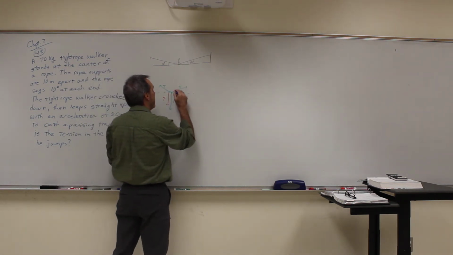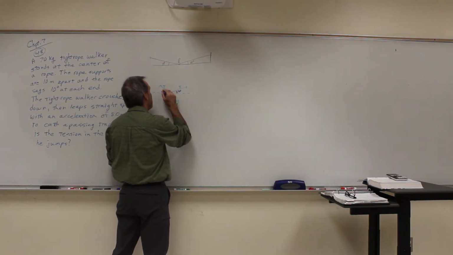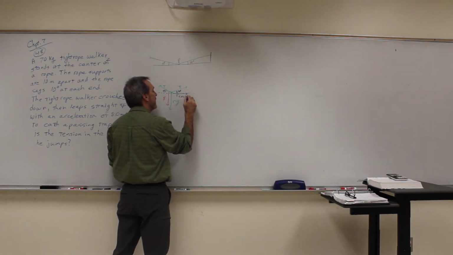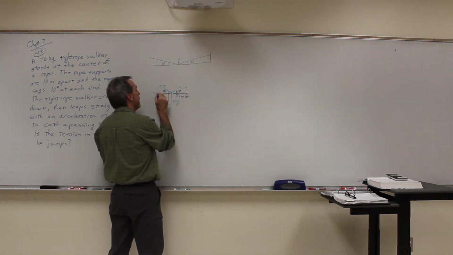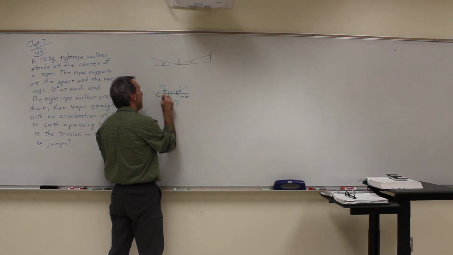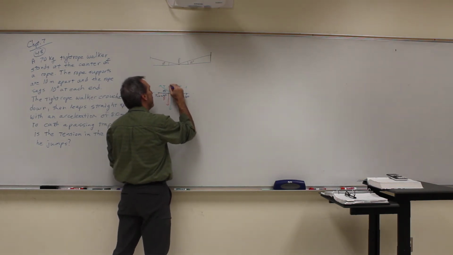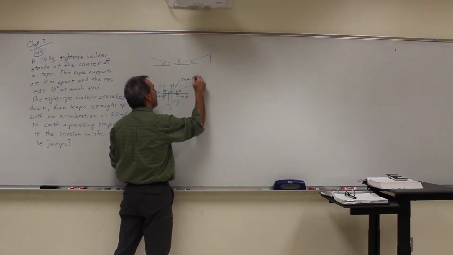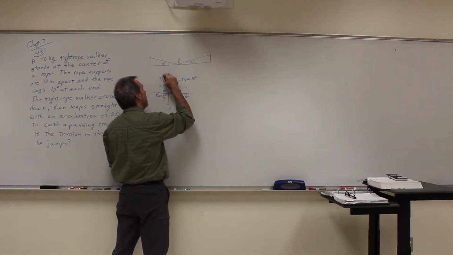All right, so this is 10 degrees, this is 10 degrees. So we have T cosine 10 degrees that way, T cosine 10 degrees that way. And then we have two forces going up, T sine of 10 degrees this way, and T sine of 10 degrees this way.